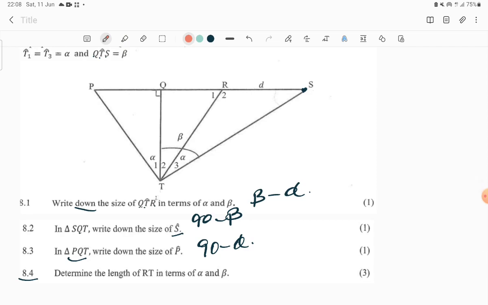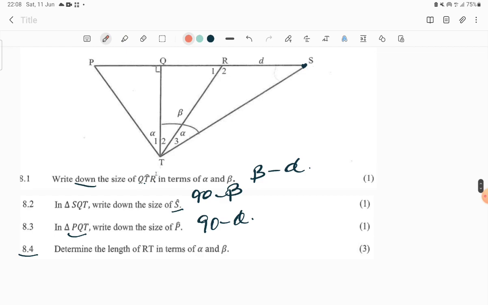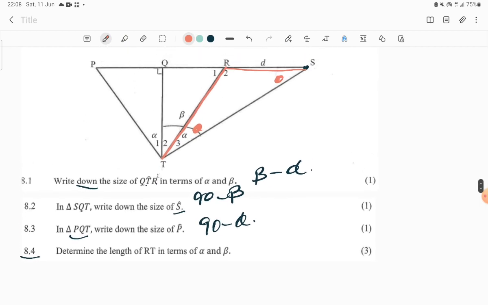So we are going to use one of those rules. Having TR, we have RS, and we also have these angles. So we can simply use the sine rule.